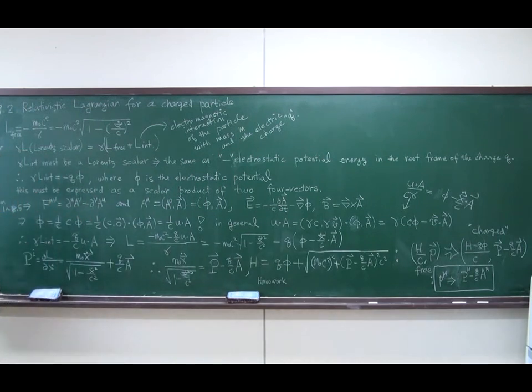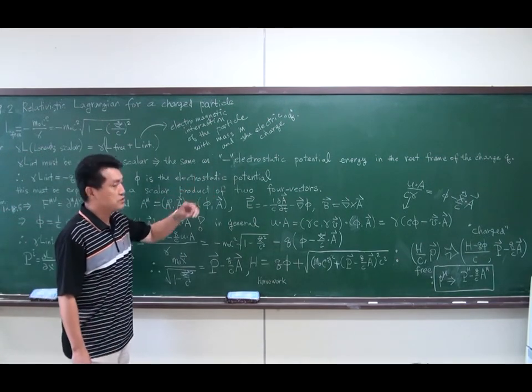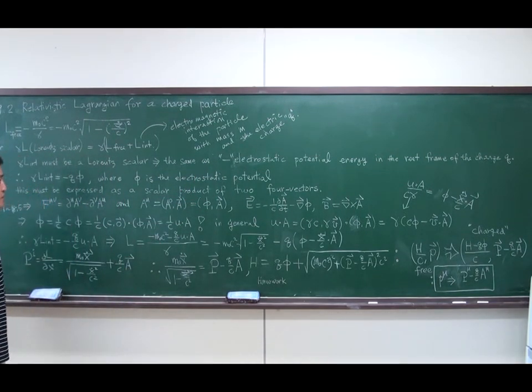Alright, so we would like to make use of these potentials to express the electrostatic potential energy in the rest frame of the particle. In the rest frame, because the particle is not moving, there is no magnetic force. Even though there is a magnetic field, it does not feel any magnetic force.